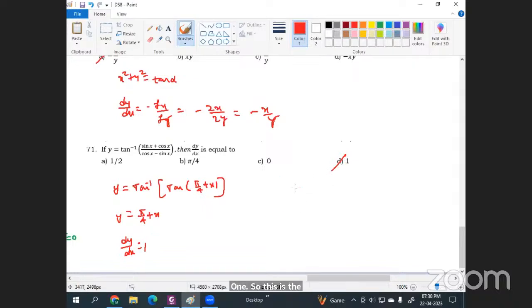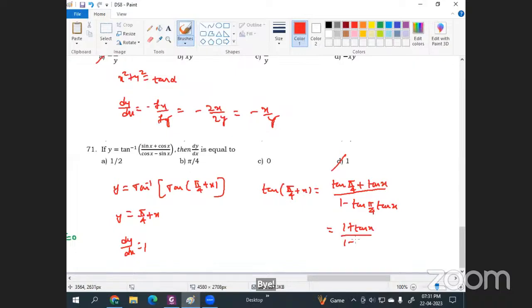Here I will write the formula. tan(pi by 4 plus x) equal to (tan A plus tan B) by (1 minus tan A tan B) equal to (1 plus tan x) by (1 minus tan x) equal to (cos x plus sin x) by (cos x minus sin x).